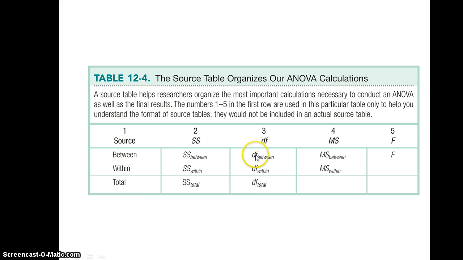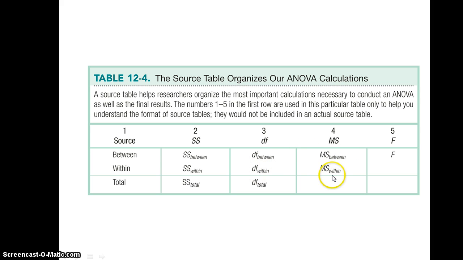Again, we have degrees of freedom between, degrees of freedom within, which we've talked about in the previous video, as well as degrees of freedom total. If we take the sums of squares between and we divide by the degrees of freedom between, we get the average squared deviation, and that's our mean squared between.